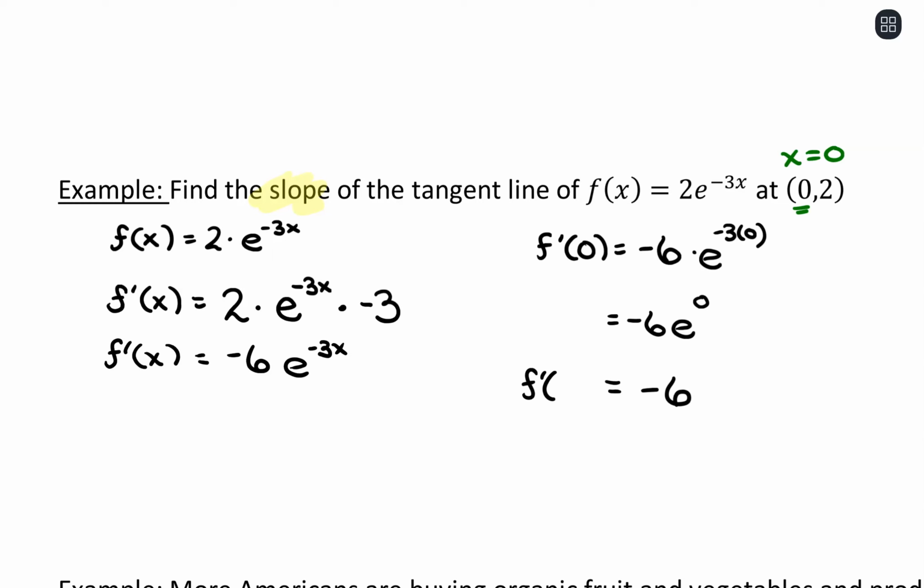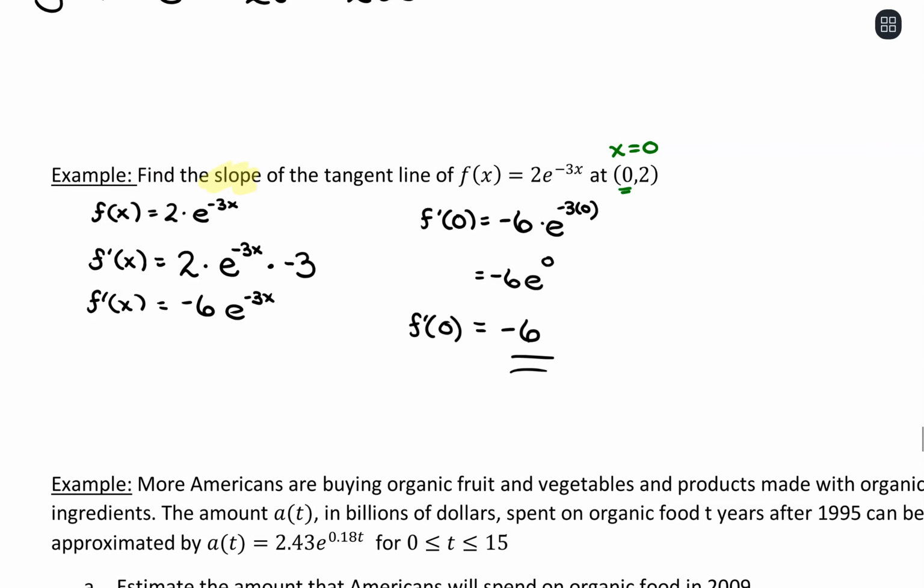So we end up with a slope of negative 6 would be our answer. We could go on and find the whole equation of the tangent line by then plugging this in and solving for our y-intercept. So we could go further with this one, but let's go ahead and leave it there.